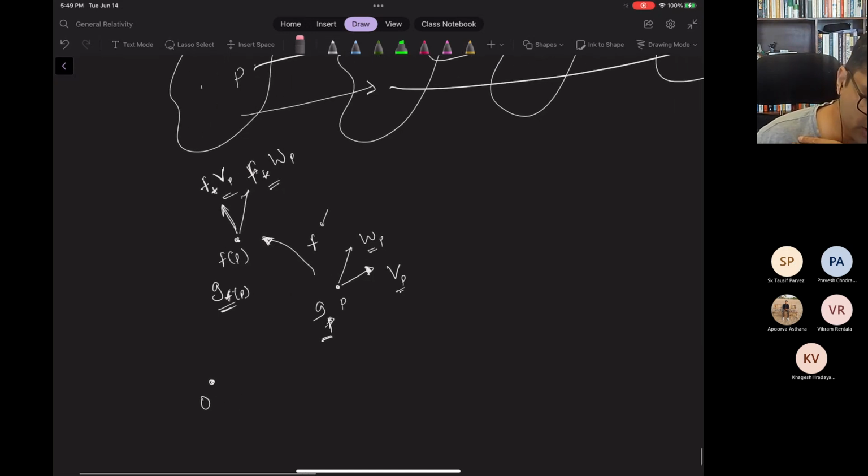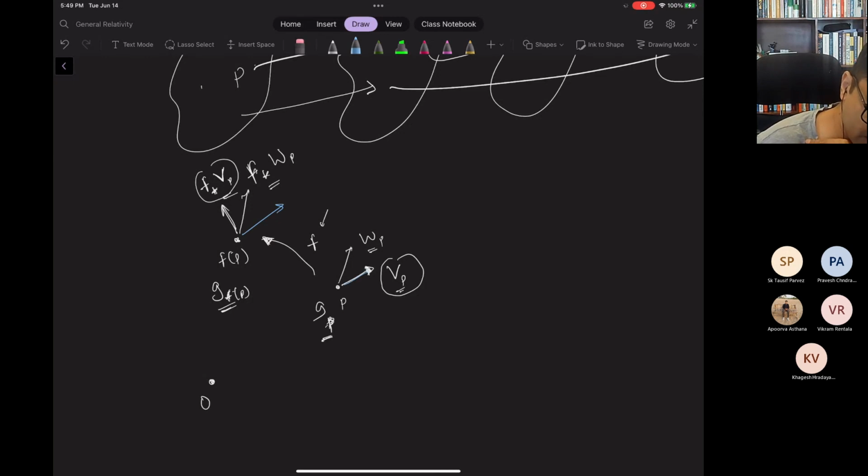Now what we saw is that if, for example, F is a rotation in two-dimensional Euclidean space, then we're not only rotating the point P to F of P, but we're also rotating the components of the vector V. The components of F star V are rotated relative to the parallel transported V. If I parallelly transport V from P to F of P, I would get something like this.